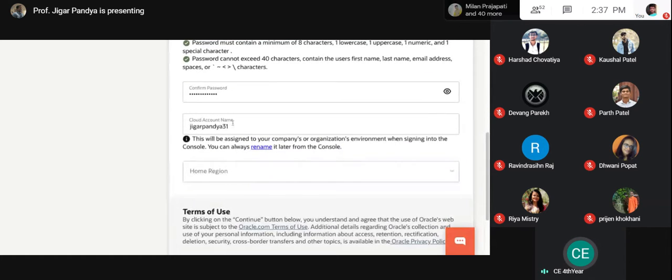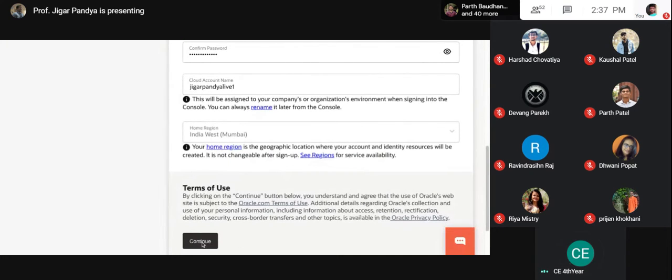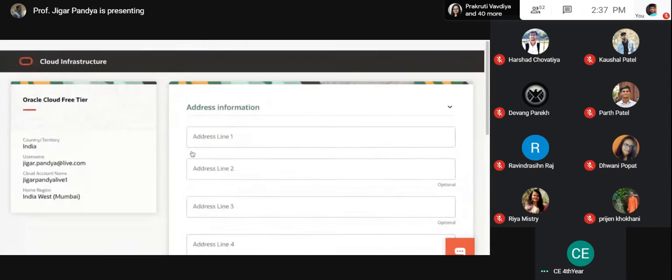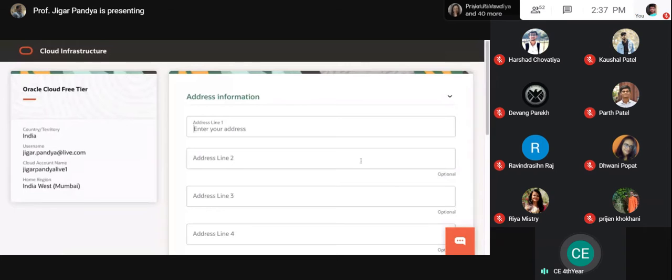Let's say I would say Jigar Pandya and some name, let's say live one. Then I will say home, and then continue. Then it asks for address line 1, so let's say 18.